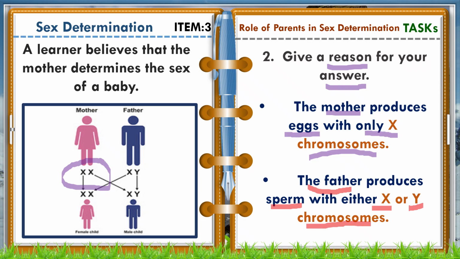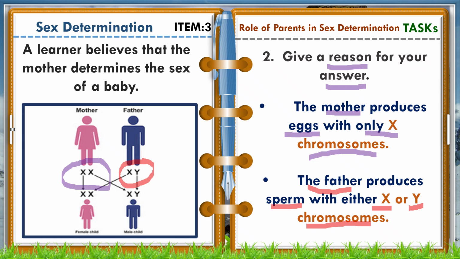Therefore, because of these chromosomes, the sperms of X and the sperms of Y are the ones that are going to determine the sex of the child.